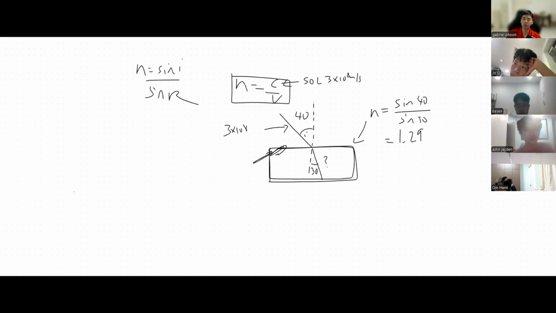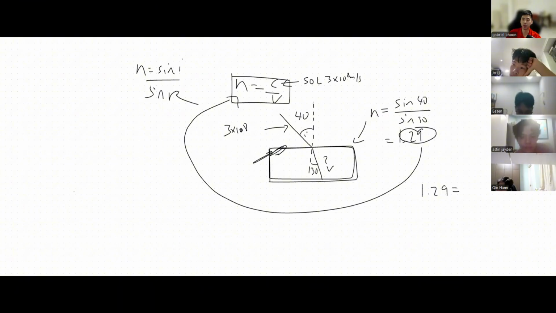With this here, I can plug this in and calculate how fast the light is going in the medium. Essentially, 1.29 equals 3 times 10 to the power of 8 divided by my V here. Can someone press how much is V? I'm almost certain this answer is wrong.